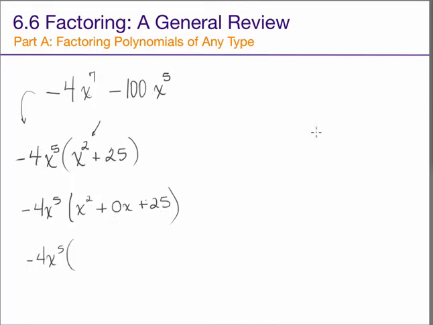Okay, let's figure out how to rewrite 0x. My product is 1 times 25. And my sum is 0. So how can I write 25, everything's positive, so that the sum of its factors add up to 0?